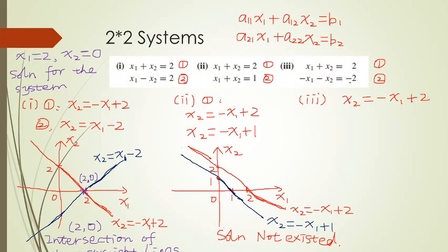Two equations, but that only means one. You only need to find the values with x1 plus x2 equals 2. How many solutions do we have for this case? That means all the points on this straight line will be the solutions, right? All the points.